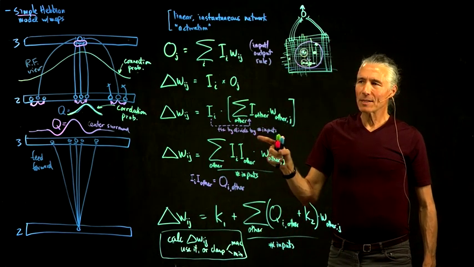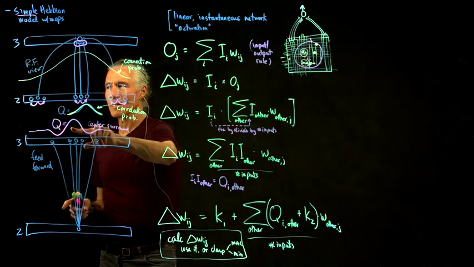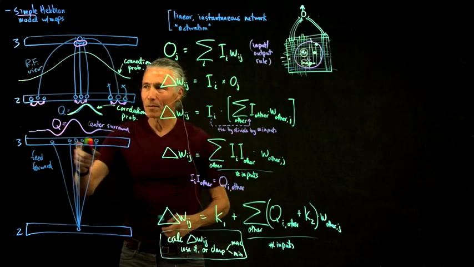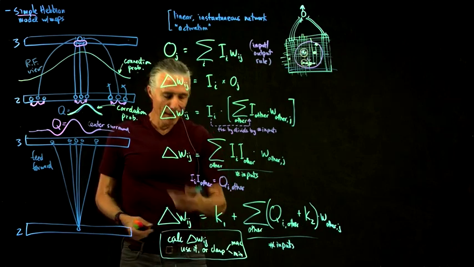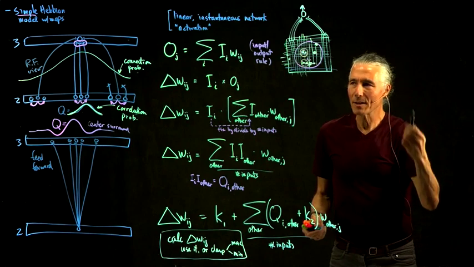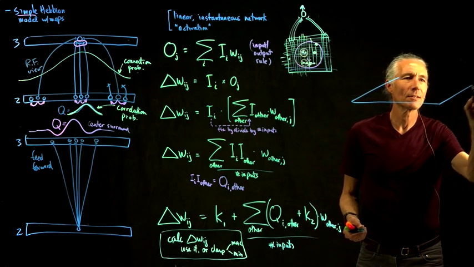People have had various ideas about how that might be created. But a very interesting possibility is that if we look at this kind of correlation pattern that we get in layer 3 and assume that we've got that correlation pattern as an input correlation pattern, what do you get in a higher layer? It turns out you can get orientation selectivity. So now we've got to draw it out as 2D.